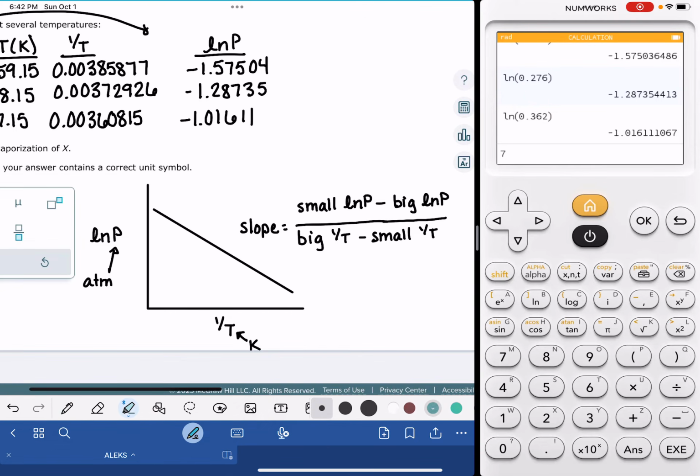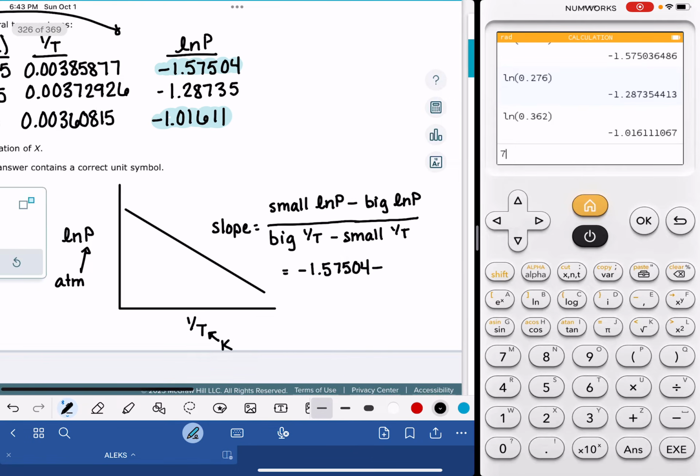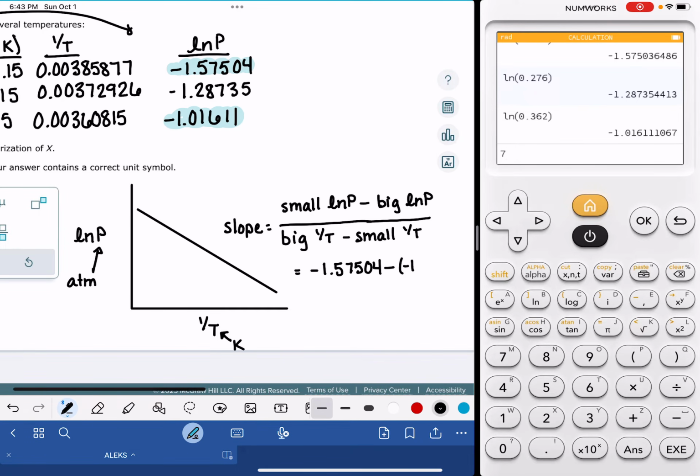So for my data, my smallest natural log of pressure is this number, and my largest natural log of pressure is this number right here. And so that is going to be negative 1.57504 minus negative 1.01611.